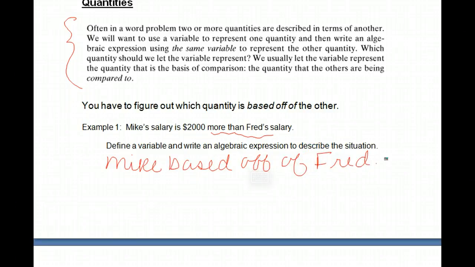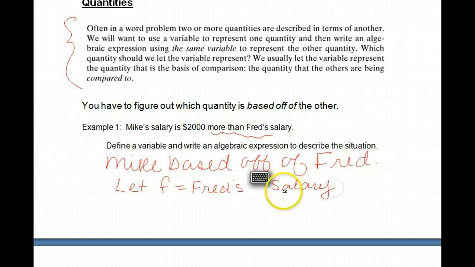And being that Mike is based off of Fred, I am going to let my variable represent Fred's salary. So I am letting F equal Fred's salary.